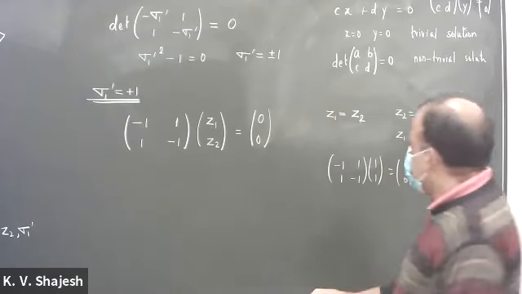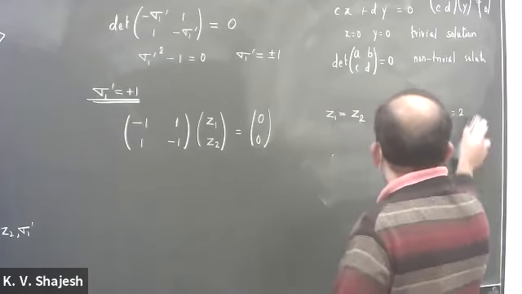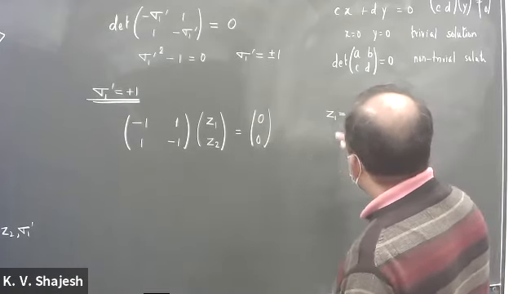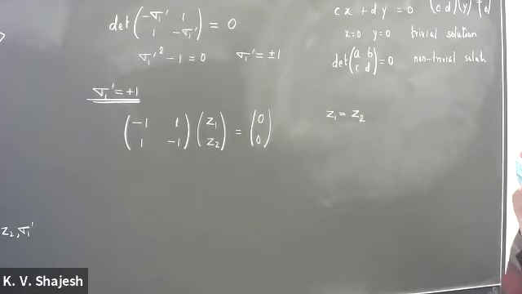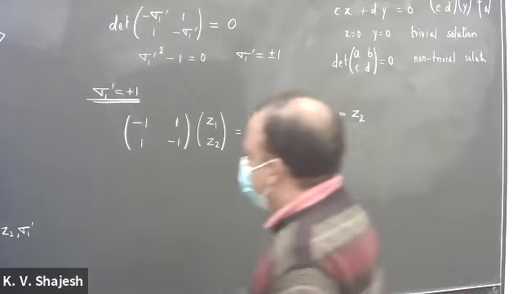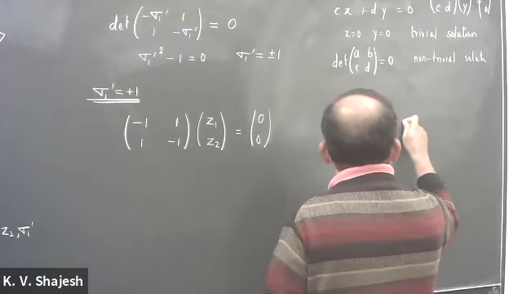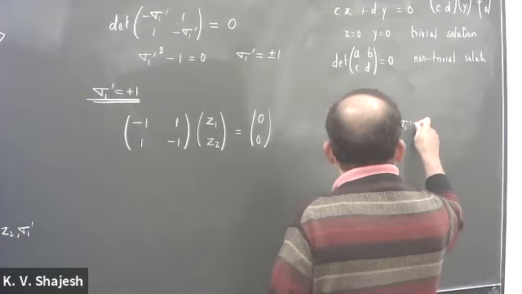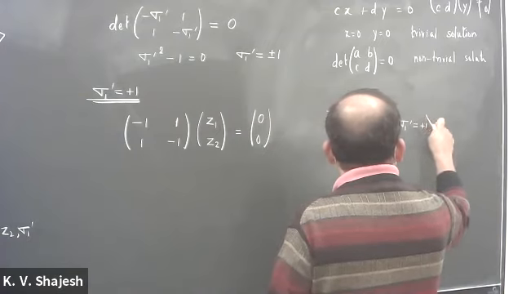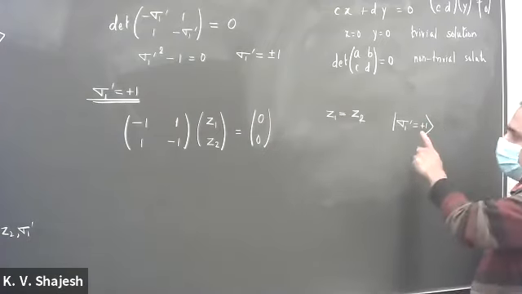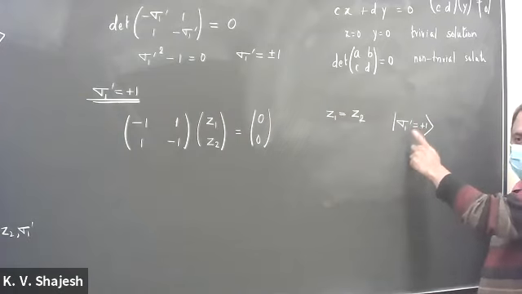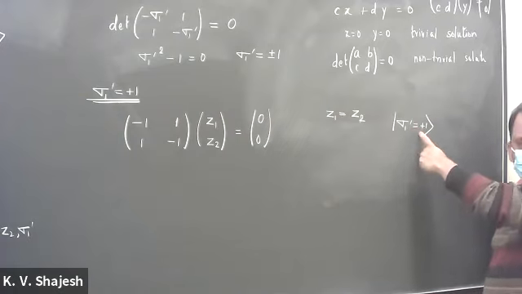But let's make this a little more concrete. It seems like any vector is allowed, but let's look for not just an eigenvector, but a normalized eigenvector. So this eigenvector is for sigma 1 prime equal to plus 1. Notice the language: this is an eigenvector associated with eigenvalue plus 1.